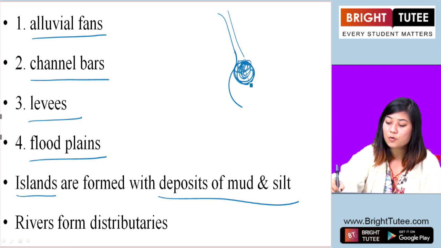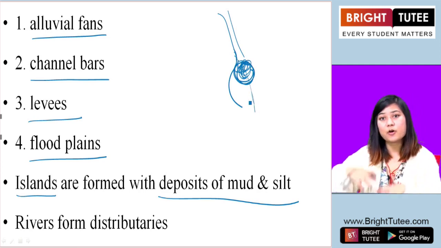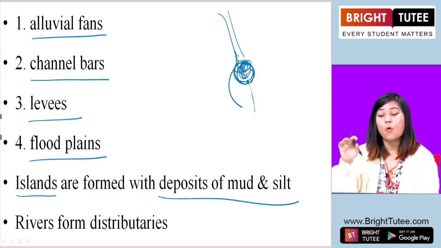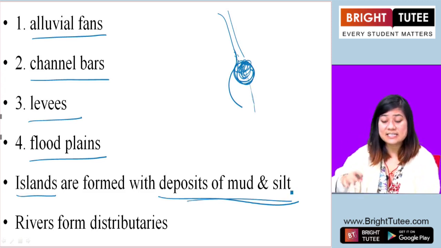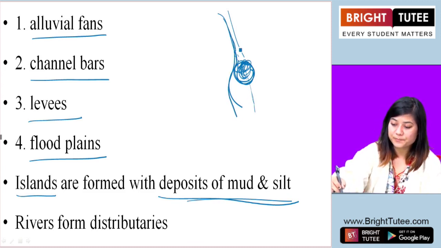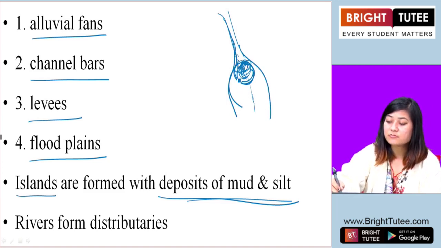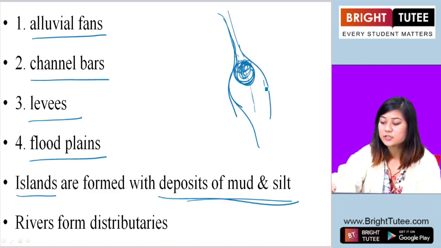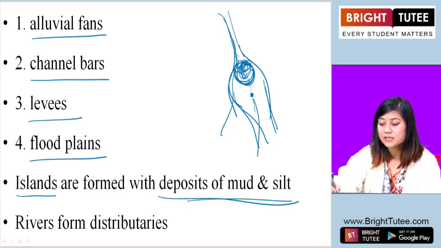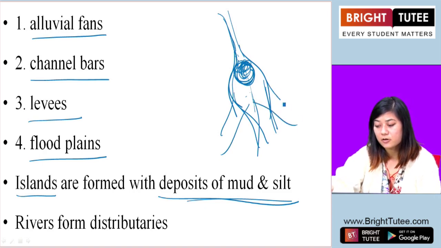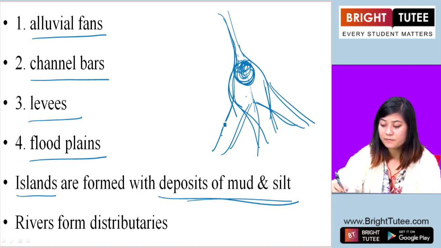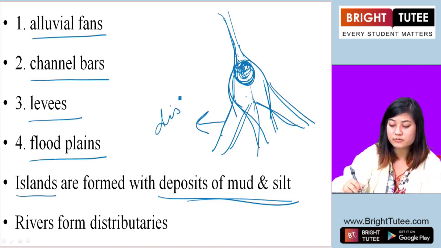They can't flow over the deposits of mud and silt. So the water of the river distributes and goes around this island and again continues to flow, maybe in the same direction, sometimes in a different direction. Now this distributed water of the same river is called distributaries.